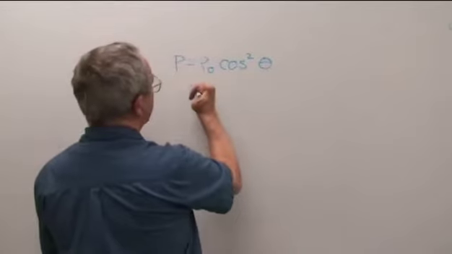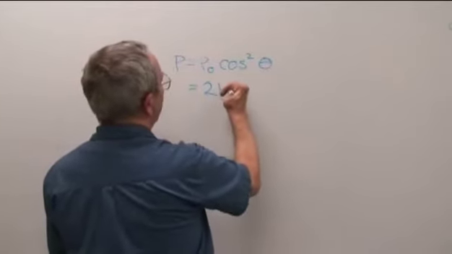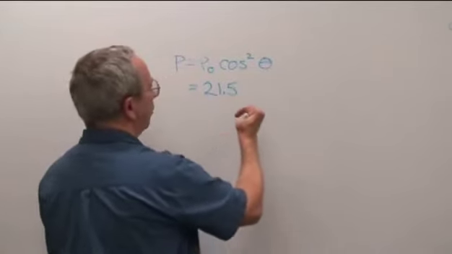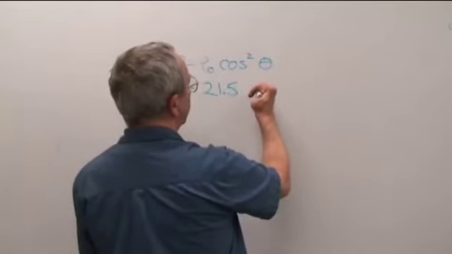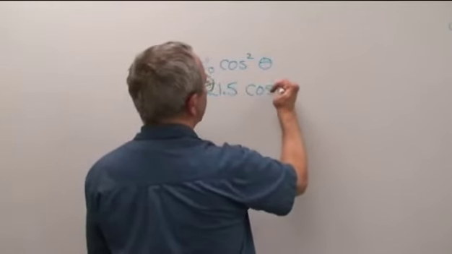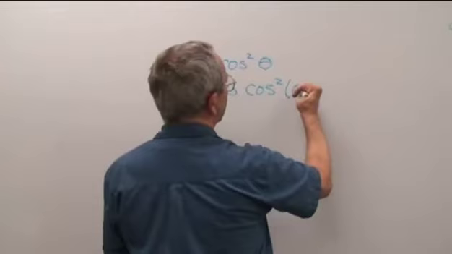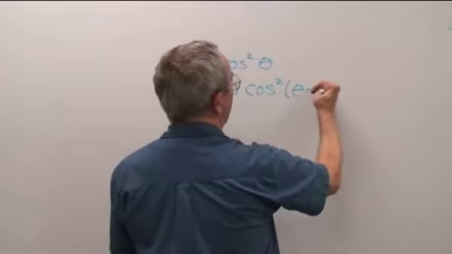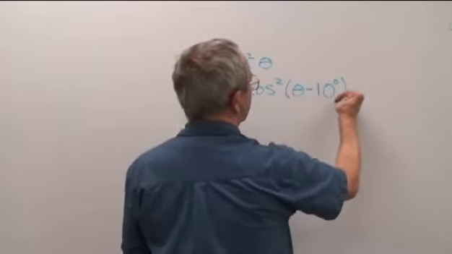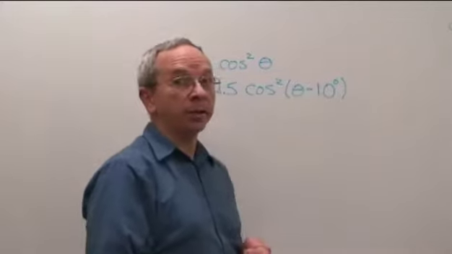In our case, that would be 21.5, our maximum power, times the cosine squared of the angles that we recorded minus 10 degrees, which is where we actually saw the maximum.